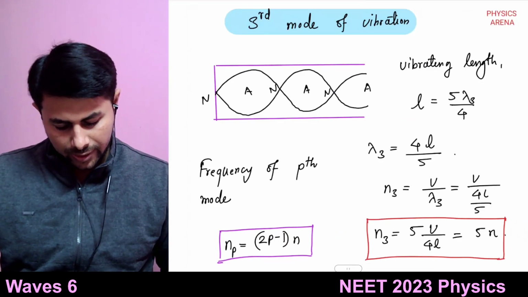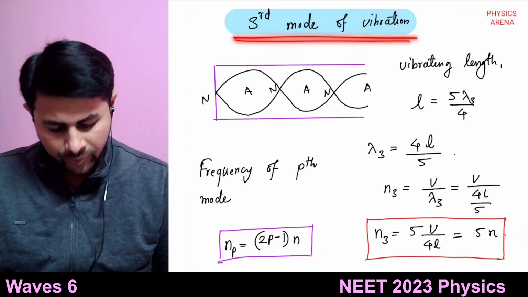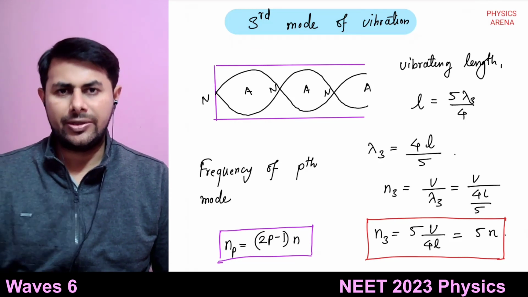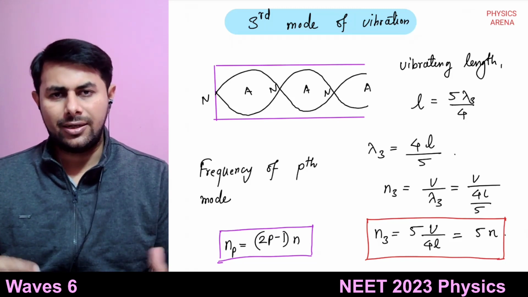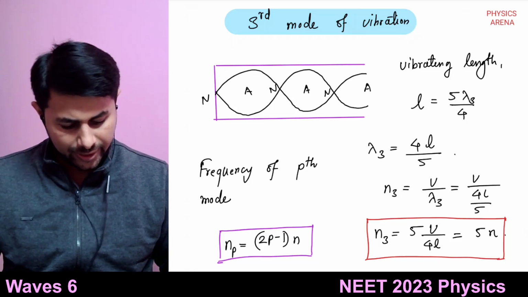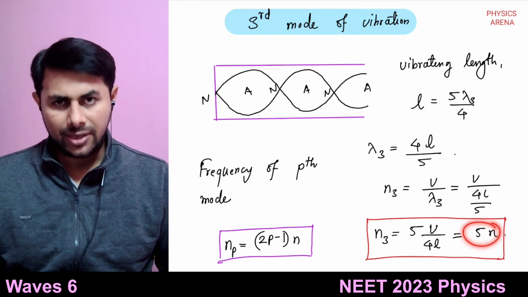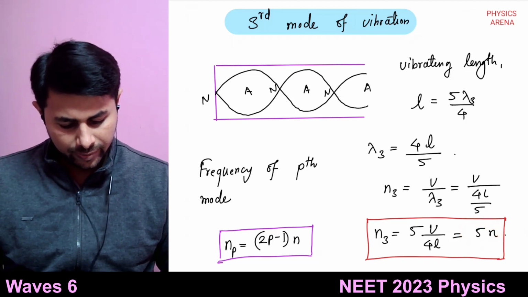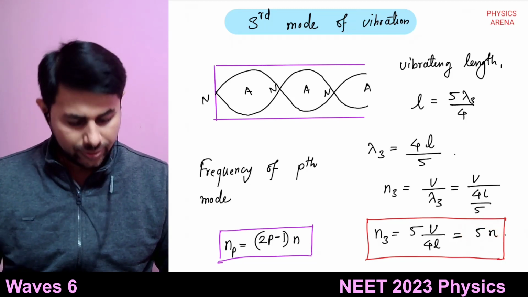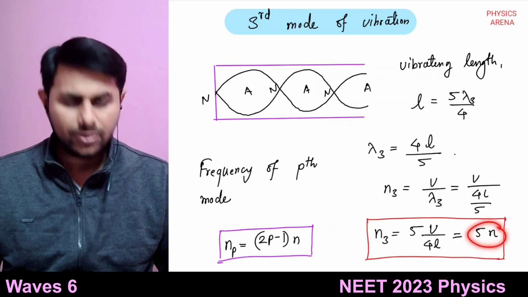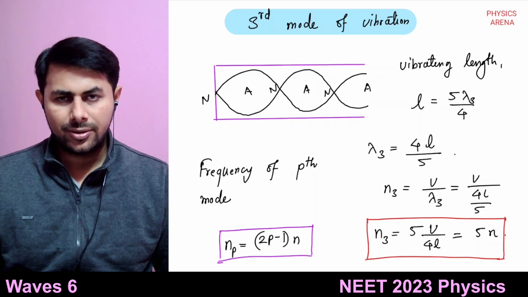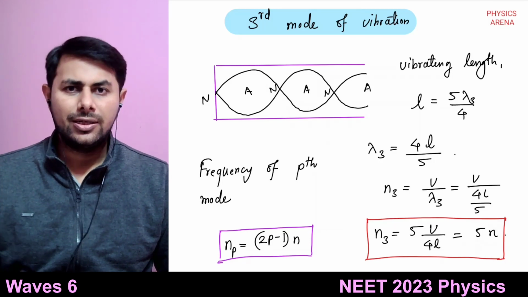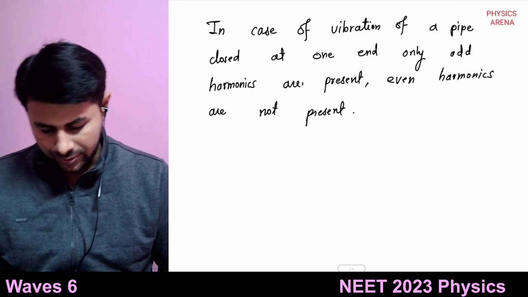Okay. Then the frequency of the third mode of vibration. So this is the third frequency, right? That means it is actually the second frequency higher than the fundamental frequency. Okay. So it is equal to 5 times n, right? So this is the second overtone. So the second overtone is equal to 5 times n. What will be the third overtone? The third overtone will be 7 times n. Okay.